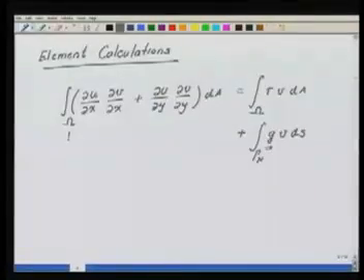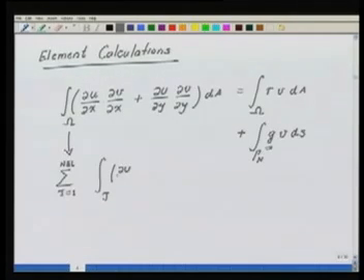Okay. Now what do we know about this? What had we done? This we can now partition as a sum over all the elements, 1 to number of elements, of the integral over the element tau of del u del x del v del x plus del u del y del v del y dA.